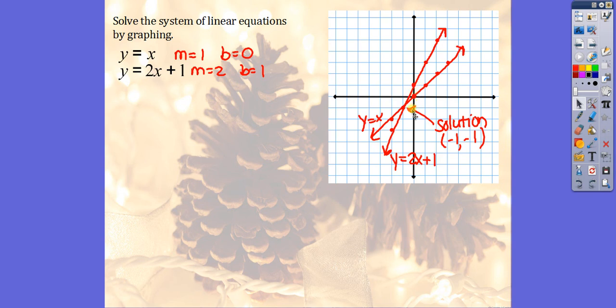So I had to go backwards and do the opposite of the slope to continue these graphs, and the solution here is -1, -1. And if you plug that in, you would see that you would get the same y value if you put in -1 for x for each of these. So that's just a quick recap graph using the slope and y-intercept to make sure you've got the correct scale and you're graphing the correct points, and you should always find a nice solution for today's work.